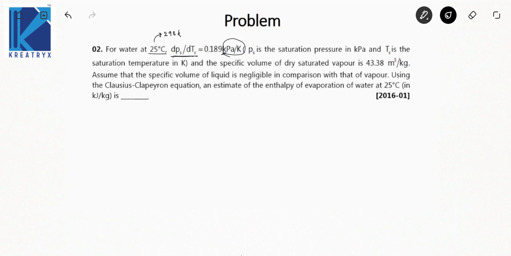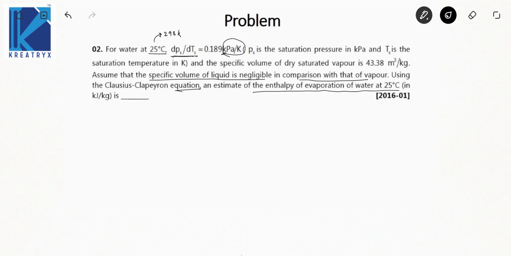The specific volume of the dry saturated vapor is given, assuming that specific volume of liquid is negligible in comparison with that of vapor. Using the Clausius-Clapeyron equation, estimate the enthalpy of evaporation of water at 25 degrees Celsius.